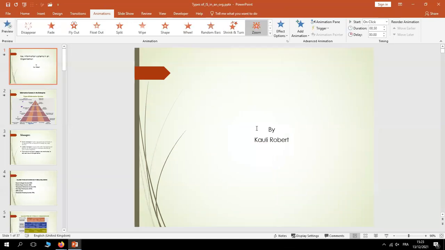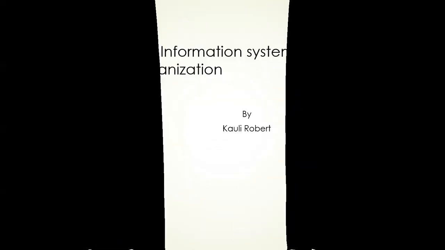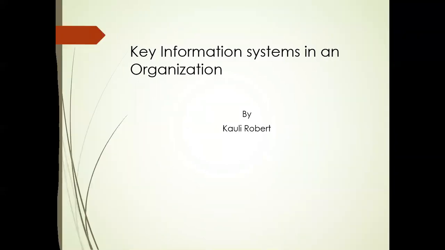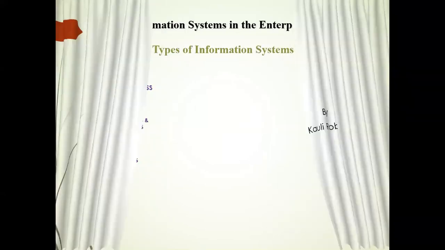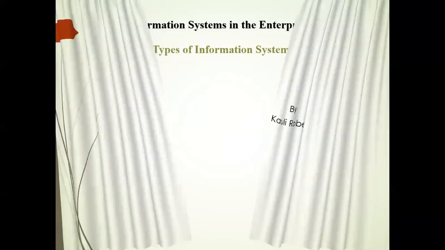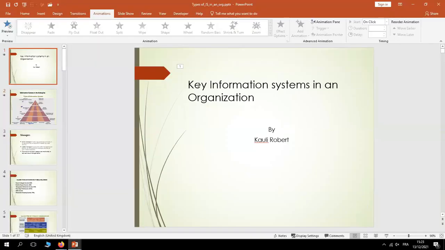Once I run the slideshow and I get to that object, you can see how it has behaved. Let me apply a different animation to this object. Let me change it.